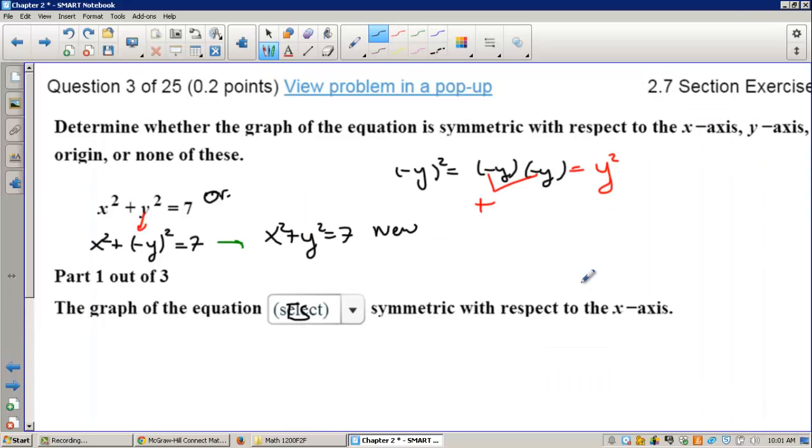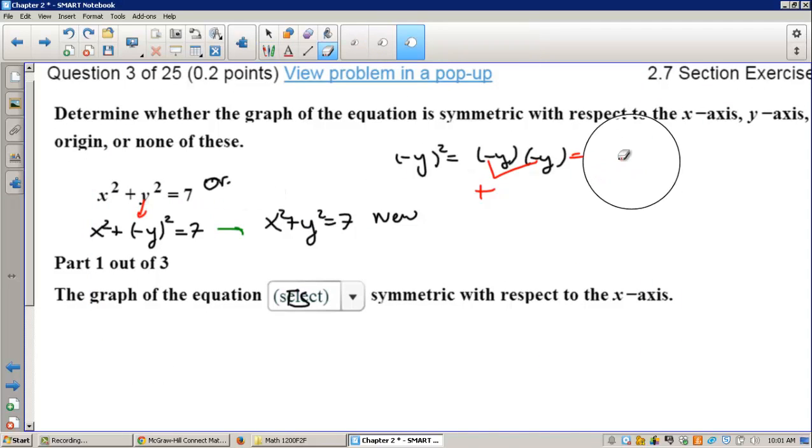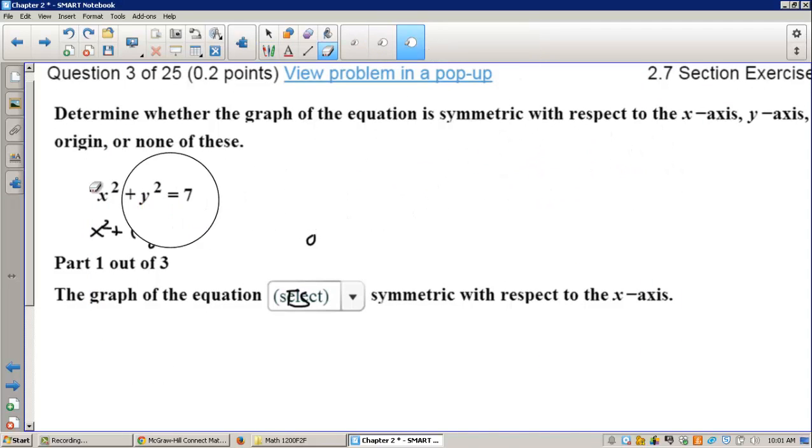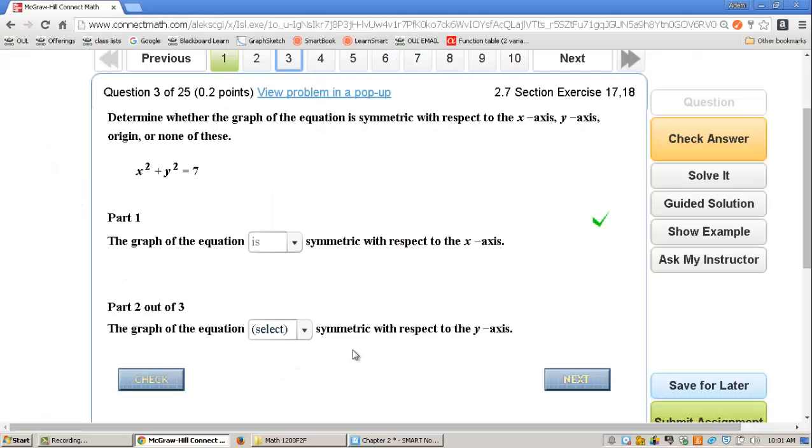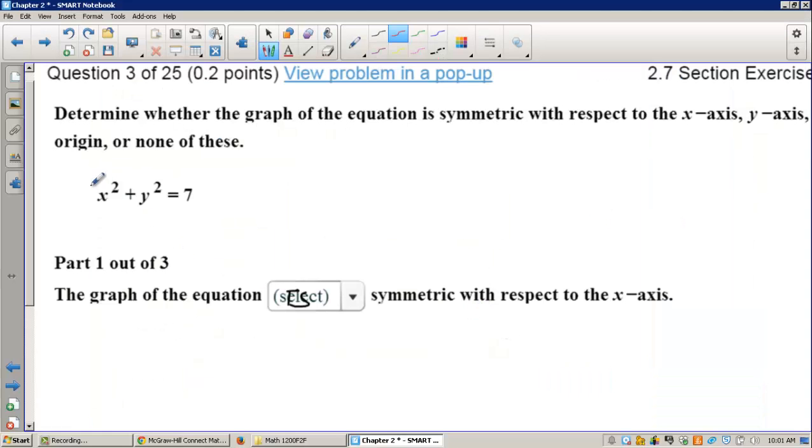Alright, how about y symmetry? You're going to repeat the same thing for y symmetry, right? I'm checking y-axis symmetry. So I'm going to take this x away and put it back as minus x.